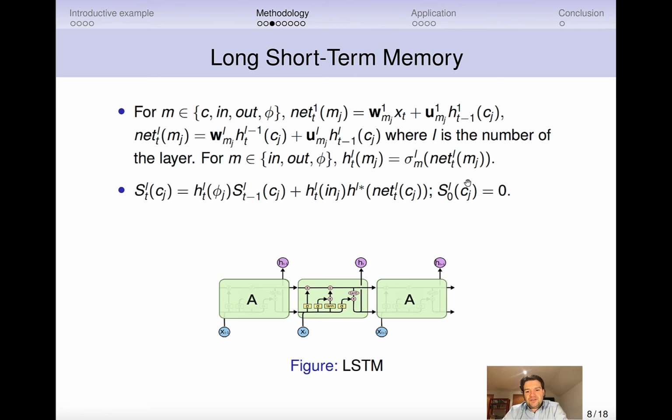We first go from 0 at time 0, but progressively we write this combination. In this combination, what do you have? You have this main, I would say, NetTL, like a recurrent neural network, that you transform through an activation function, HL star, and at the layer L, HL star is an activation function. This is not complicated.